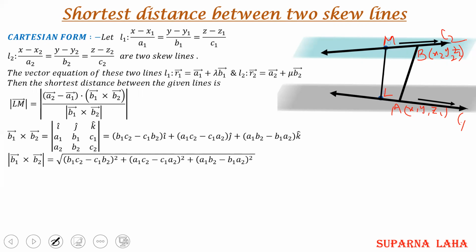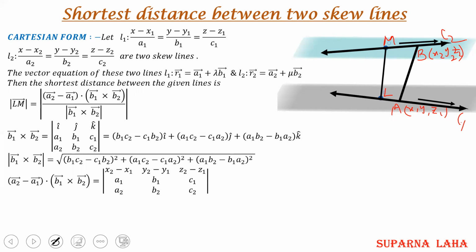Now, the numerator part. So vector A2 minus vector A1 dot the cross product. If we take the determinant, the determinant will look like that. The first row is x2 minus x1, y2 minus y1, and z2 minus z1. Then A1, B1, C1 and A2, B2, C2.